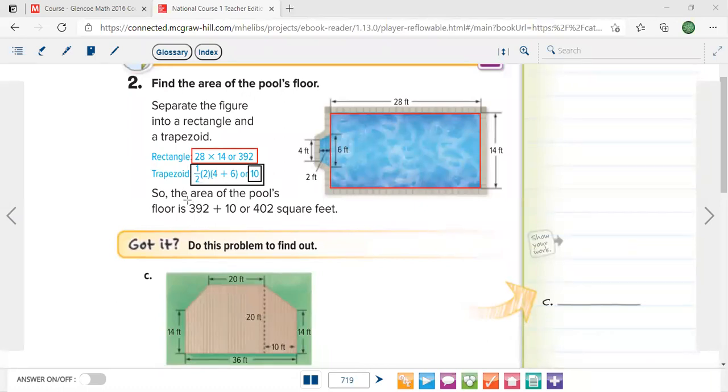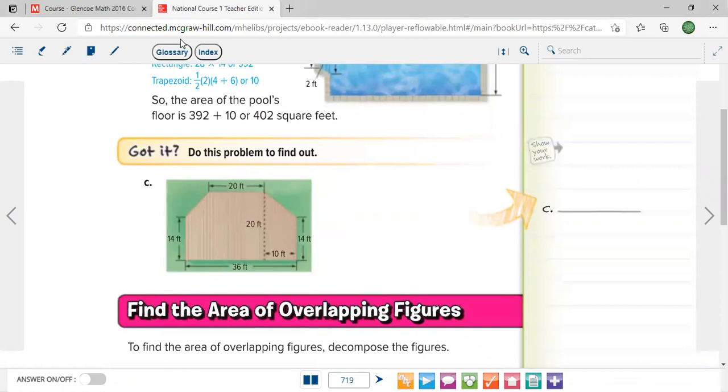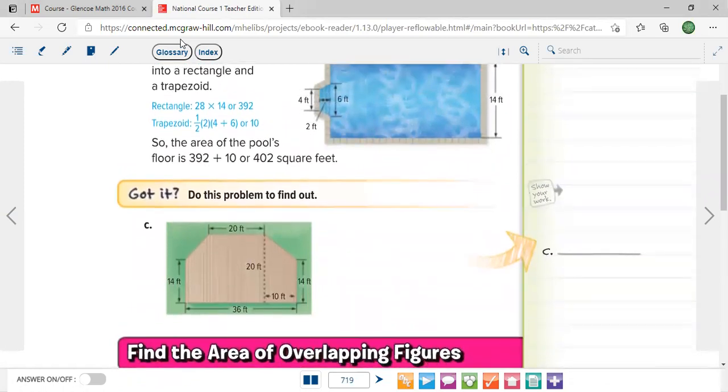So now we are going to add the rectangle plus the trapezoid. 392 plus 10 will give you 402. Now we need to find out the area of this figure. So we will divide it into two figures. I will divide it this way, to be a rectangle and a trapezoid.